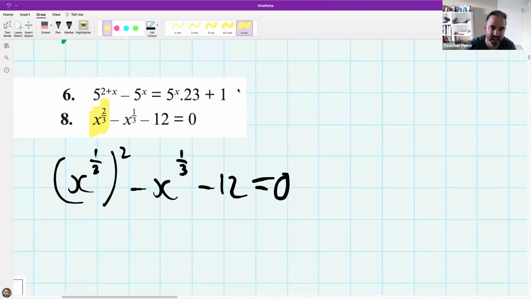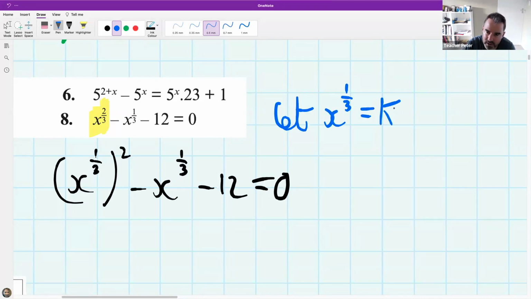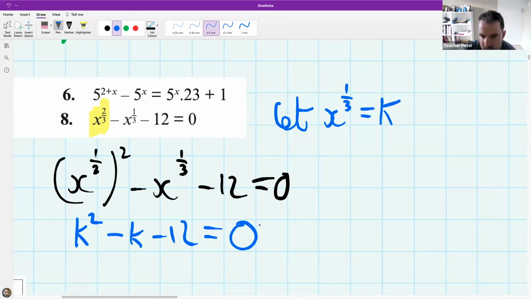So let's have a look. Let x to the power of a third equal k. And then you have k squared minus k minus 12 equals 0.